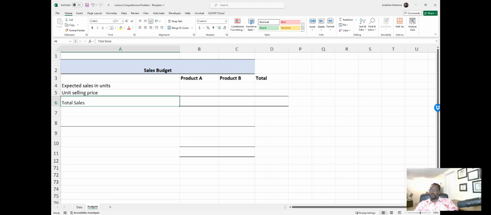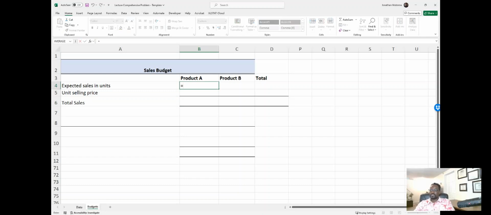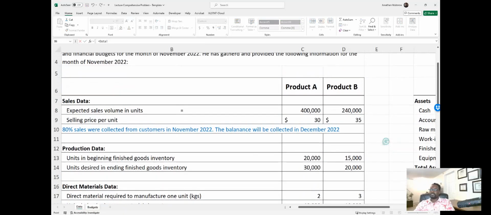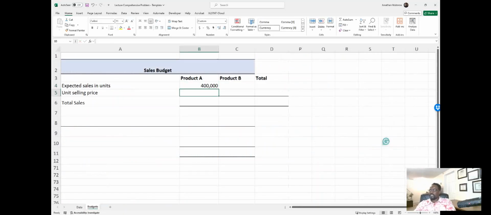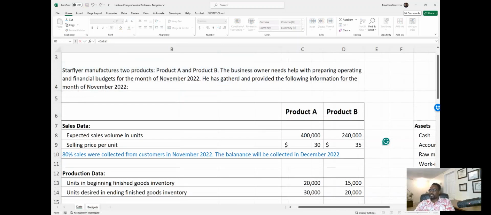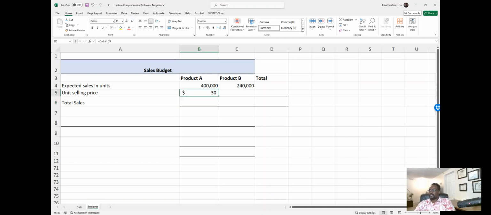So if we go to the problem for product A and product B, the units that were estimated to be sold were 400,000 for product A and 250 for product B. The unit selling price was 30 for product A and 35 for product B, and the total selling price is the number of units times the price per unit.